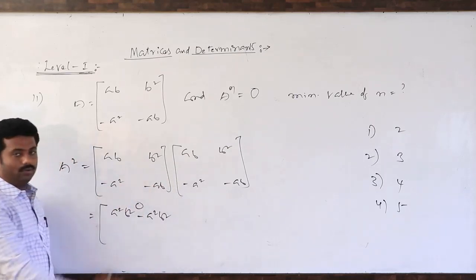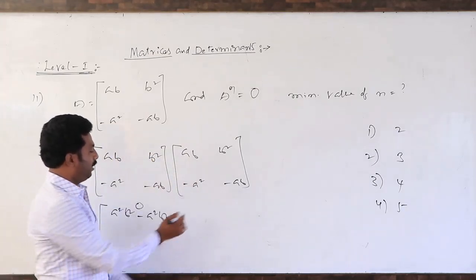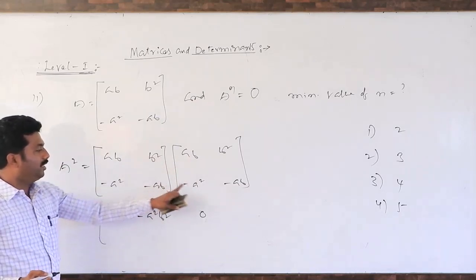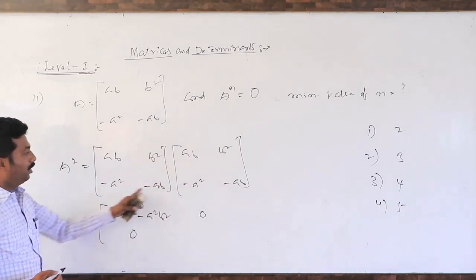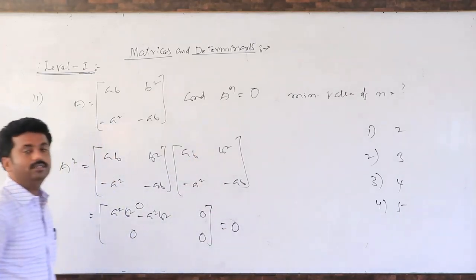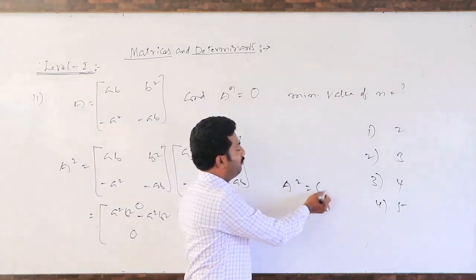So clearly 0. Then AB cube minus AB cube 0, minus A cube B plus A cube B 0. So this is also 0. So finally how much we got? Null matrix.